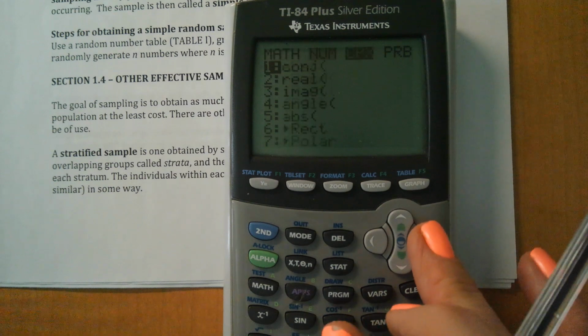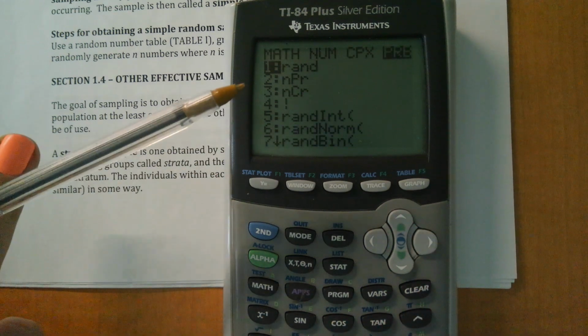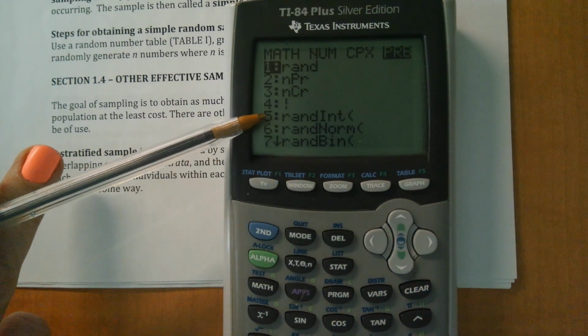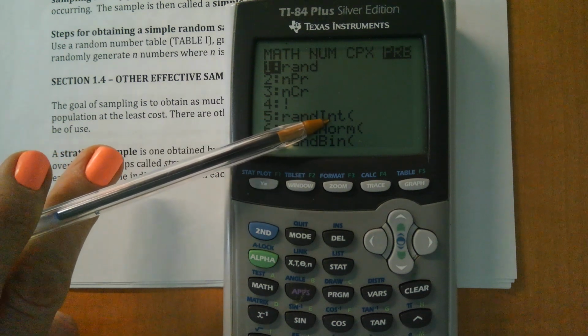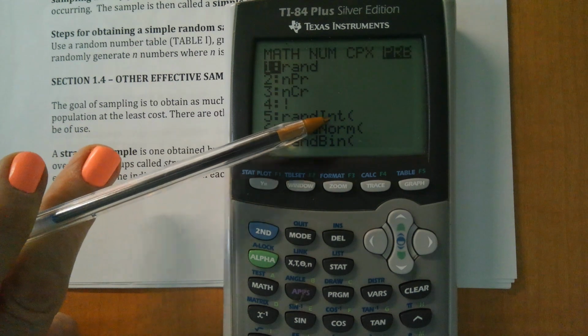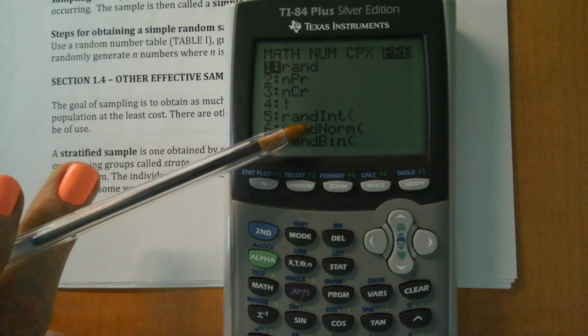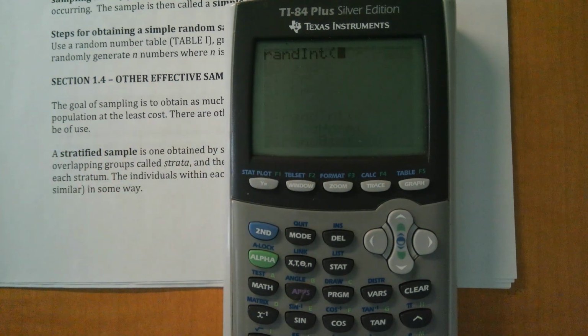Under the probability function, number 5 is a random integer. It will give us random numbers given a particular interval that you type in next. The interval I want is between 0 and 99, and I want to pick the next 5 people within that interval.